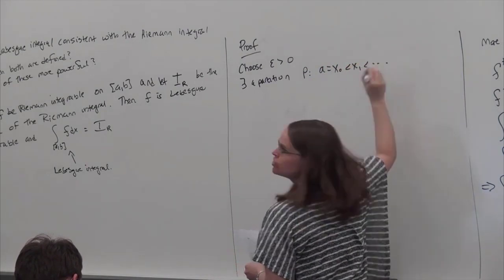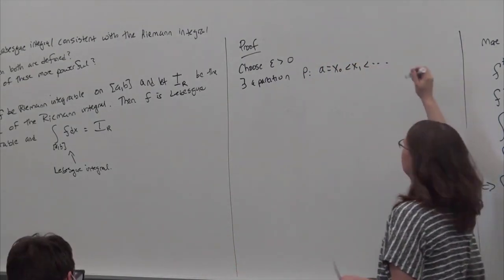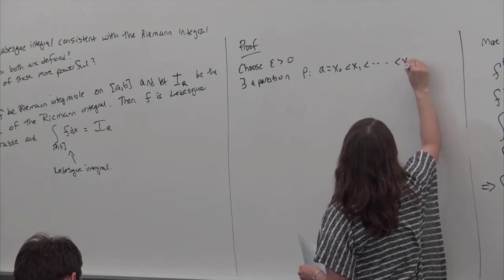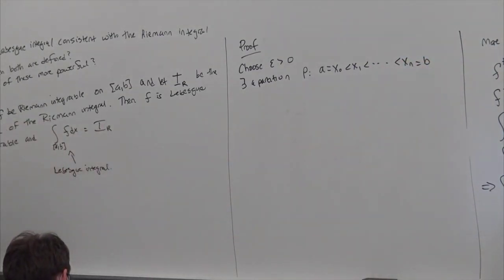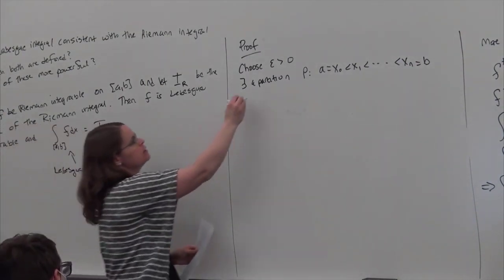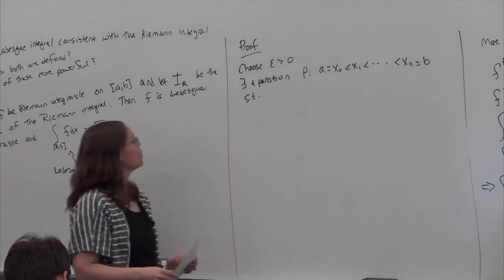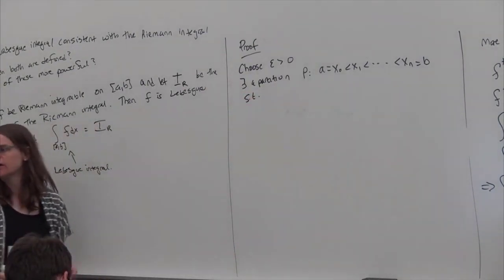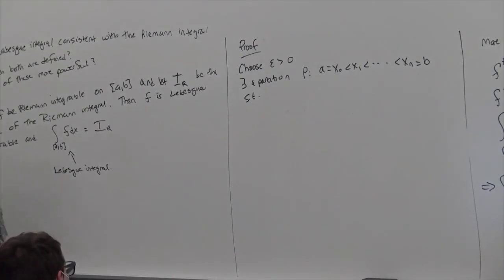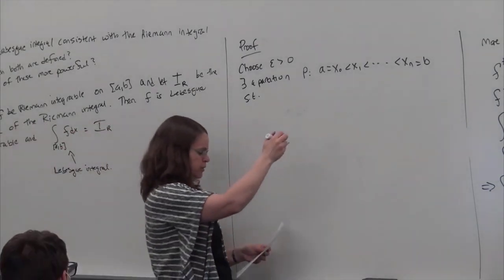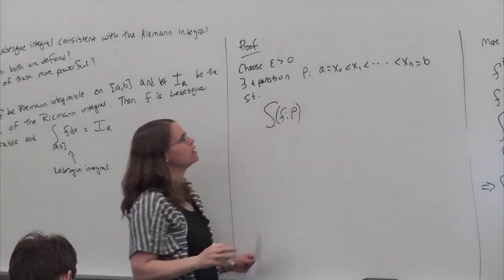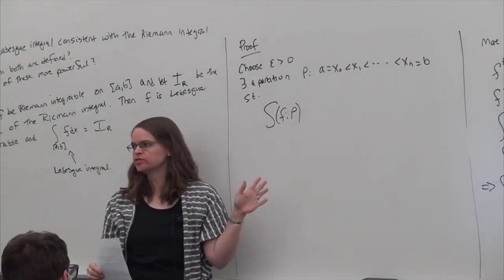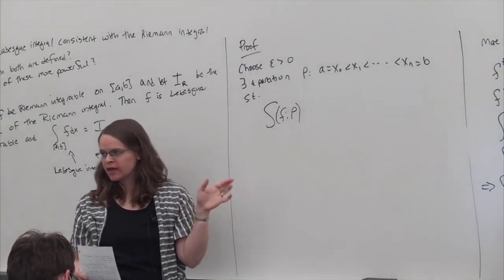We're back in one dimension, so we can write out our partition explicitly without too much pain and suffering, such that on this partition, we get our upper sums and lower sums within epsilon of the value of the actual integral. So the upper sum is bigger than or equal to the value of the actual integral, but I can get it within epsilon.